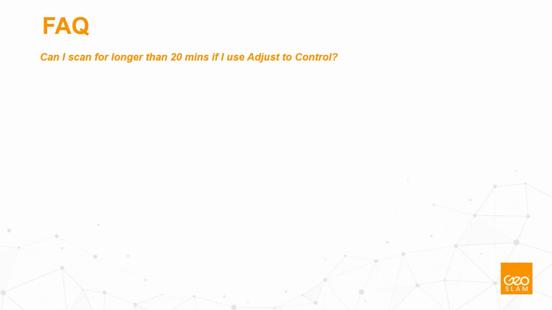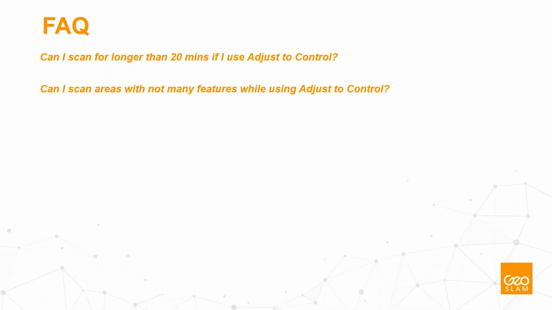If the data does not process because of a very long, extensive period of time that you have scanned, Adjust to Control will not be there to fix that. We will need to process the data in the normal standard ways of trying to troubleshoot it. Adjust to Control does not have influence on extending the scan data or capture time.